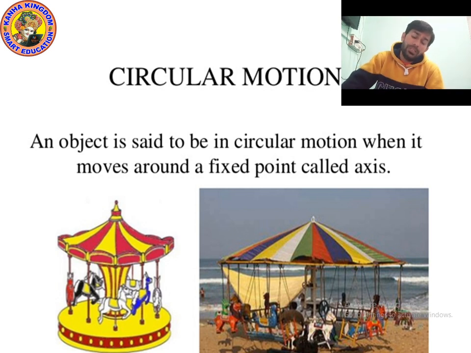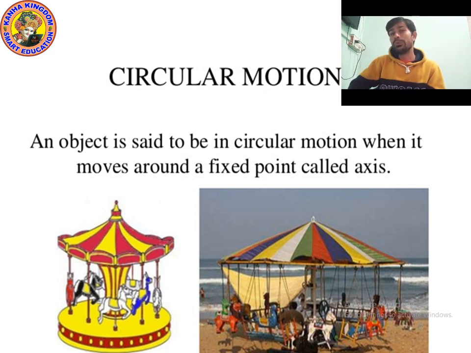In a watch, I'm not talking about a digital watch, but a wall watch, the watch that we hang on the wall, the needle also moves in a circular motion around a fixed point.